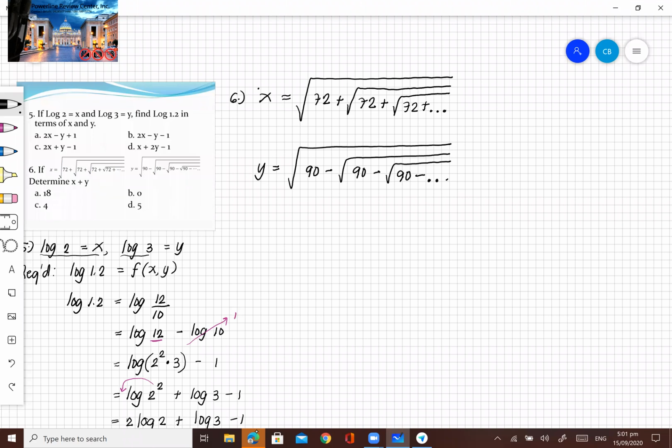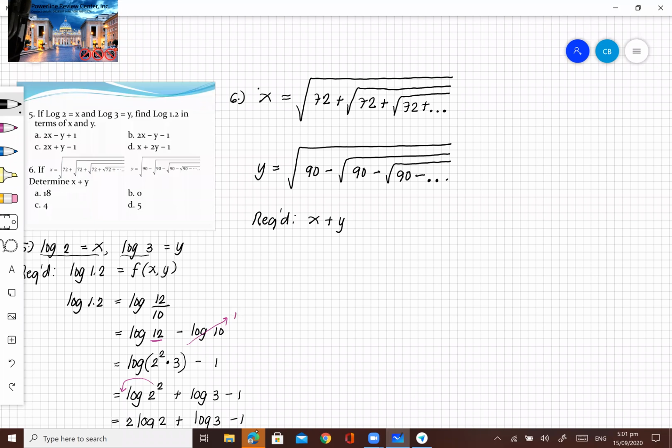So, hinahanap lang ng problem, what would be the value of what? So, try to determine the value of x plus y.